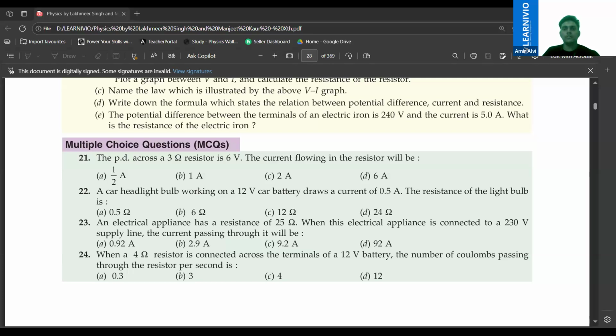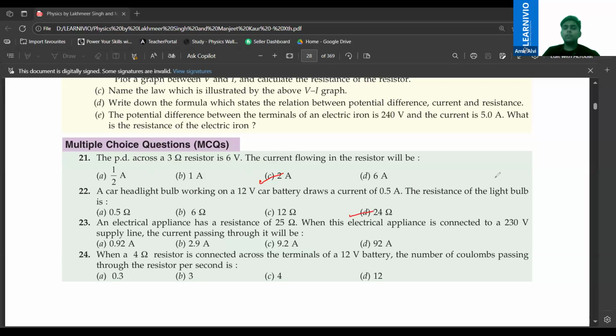Okay, Ritika. The potential difference across the 3 ohm resistance is 6 volt. The current flowing through would be V by R, that is 2 ampere. The car headlight works on 12 volt, so the resistance R equals V by I, which would be 24.